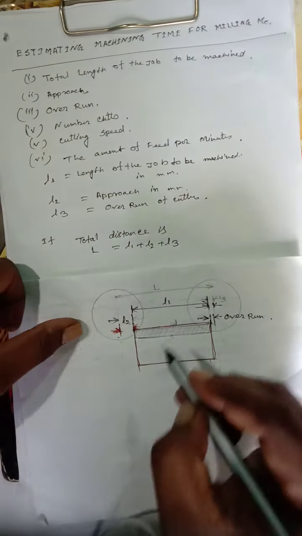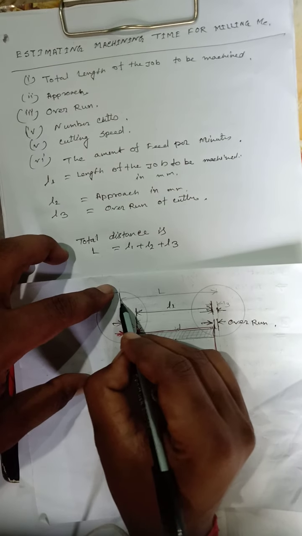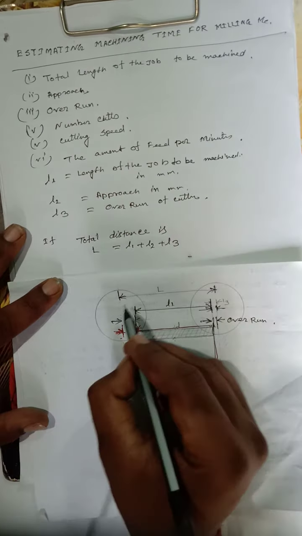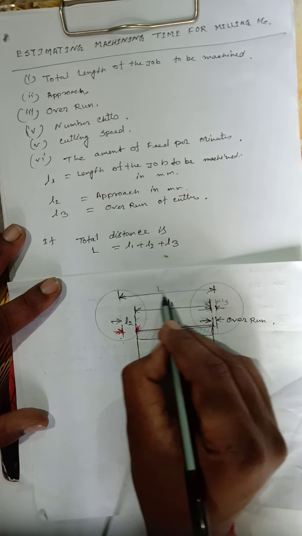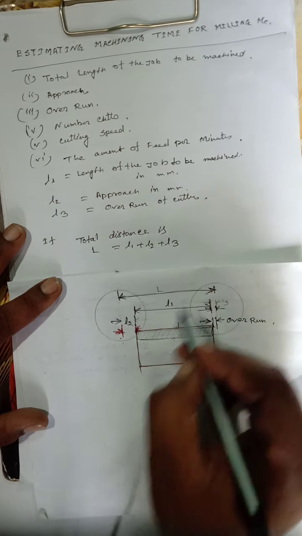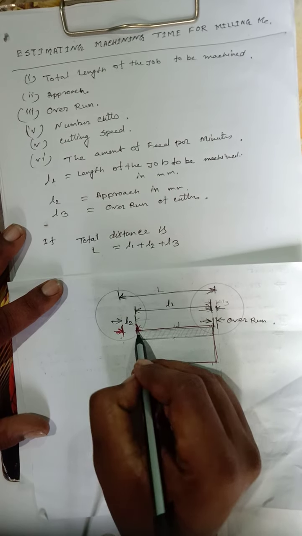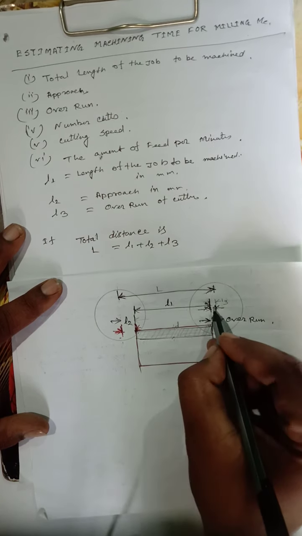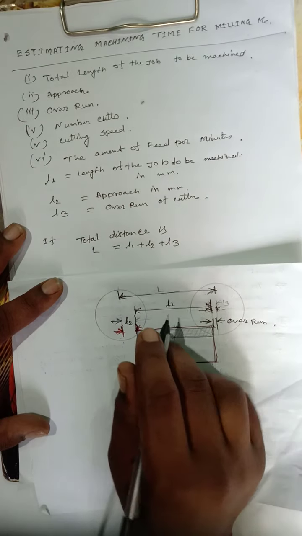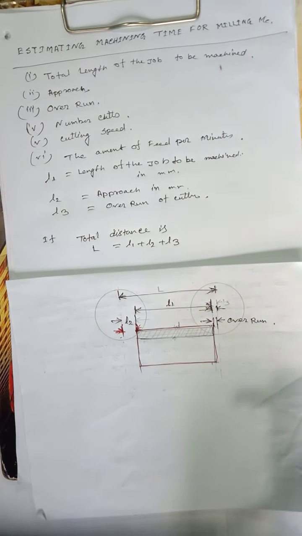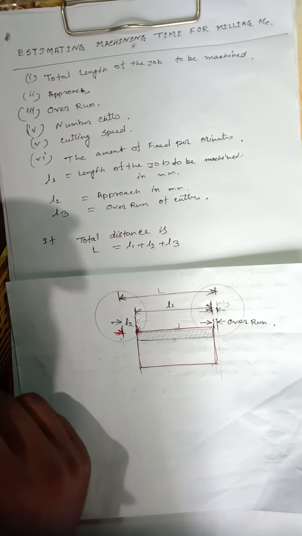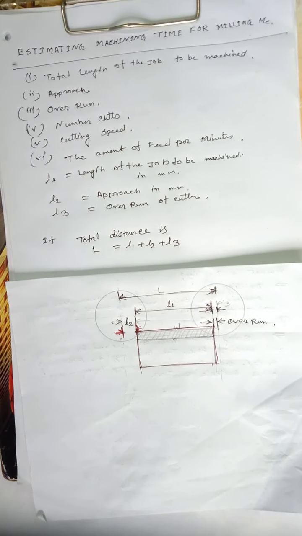That means the total distance, from the cutter center point to cutter center point in one cut, is called L. That is L2 plus L1, the work length, plus L3, the overrun. The summation of the three lengths is called L, my total distance.